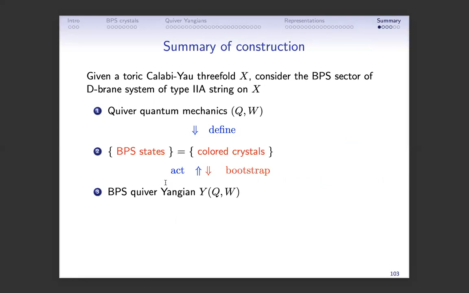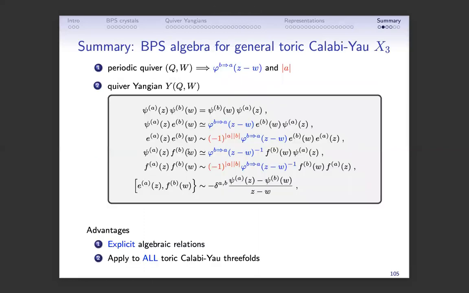From the action of the BPS algebra on these colored crystals, we can bootstrap the algebraic relations. The resulting algebras are the quiver Yangians. You can also bypass this step and just start from the quiver superpotential pair and write down this algebra immediately. So this is the final answer.